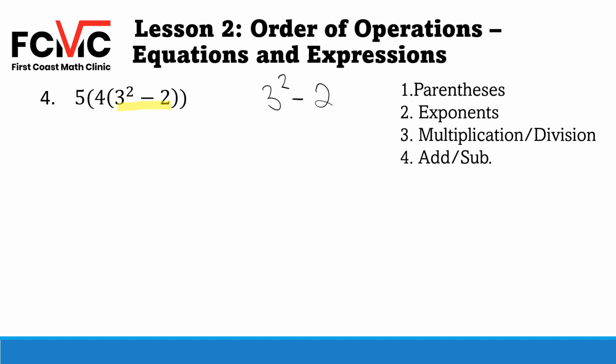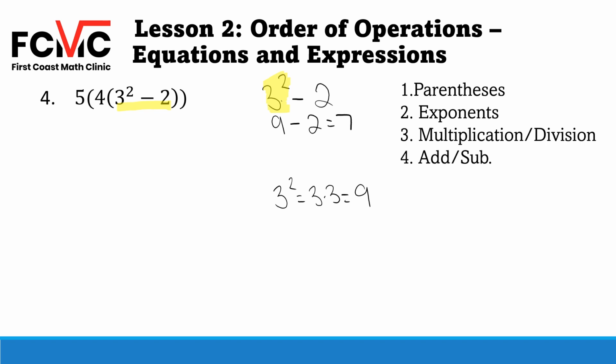But in there, we've got this 3 to the second. So the first thing we have to do there is that 3 to the second. We know 3 to the second is 3 times 3, which is 9. So I can replace 3 to the second with 9. So it's going to be 9 minus 2, which is 7.